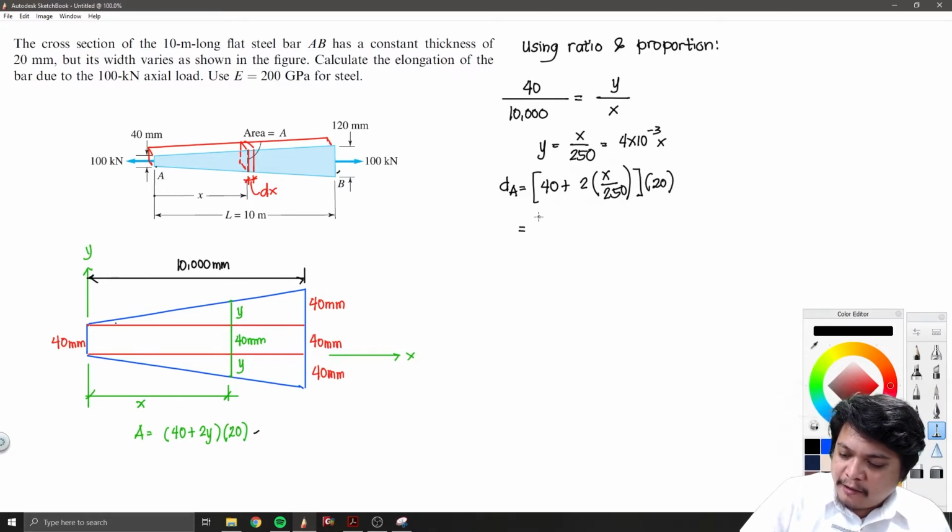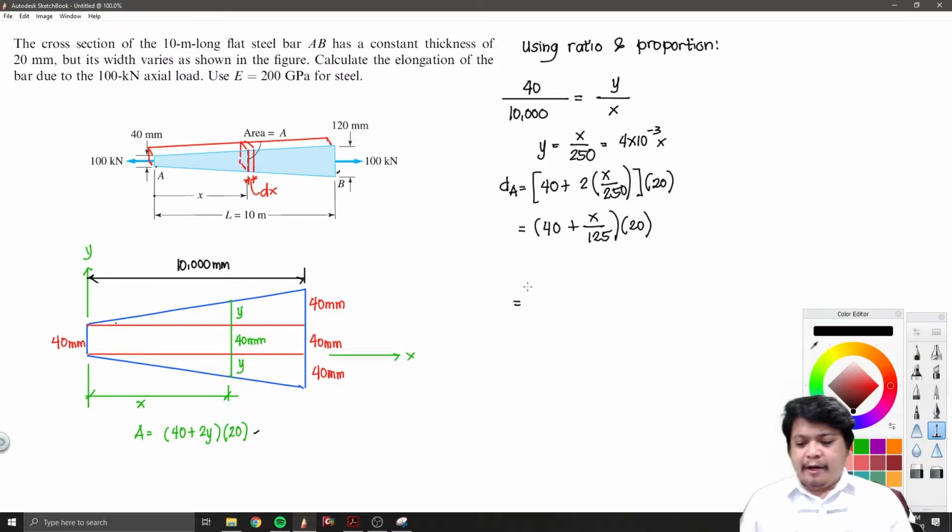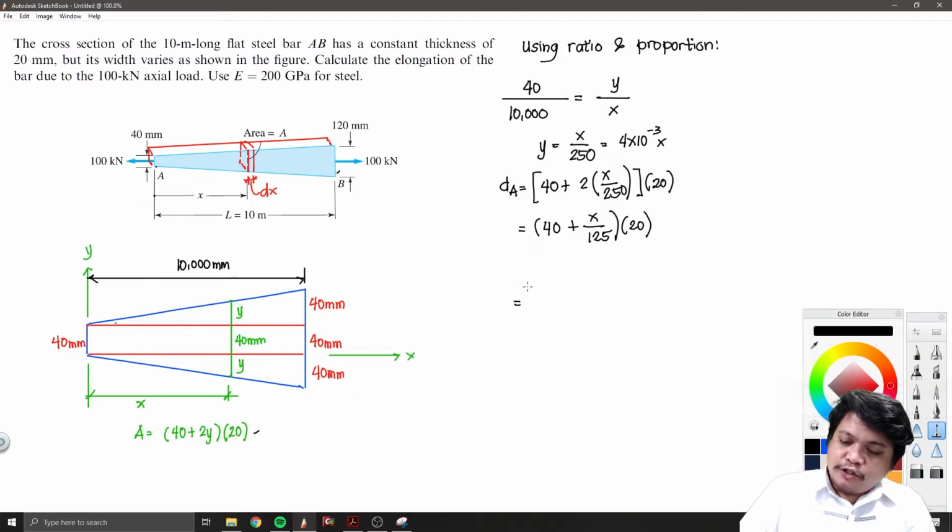So, simplifying, we can have it as 40 plus x all over 125, multiplied by 20. Okay? So, yan. Ngayon, ilagay na natin yung pinaka force natin, ano? So, yung force natin is 100 kilonewton. So, gagawin natin yung newton. So, you will be having here 100 times 10 to the 3 newton.